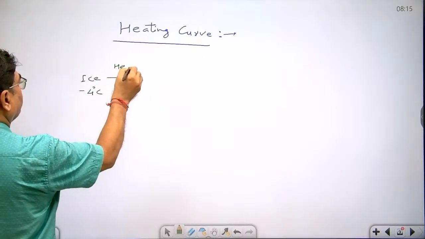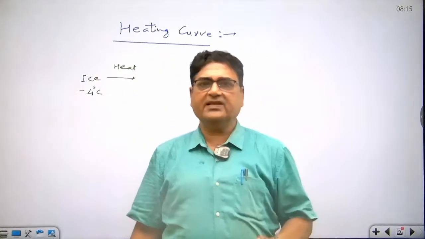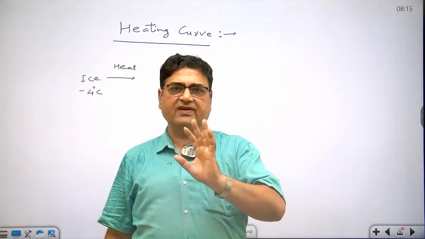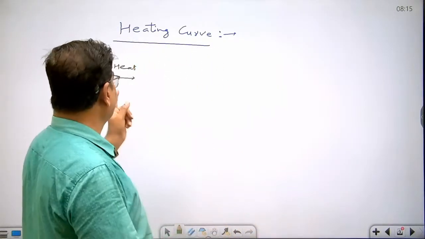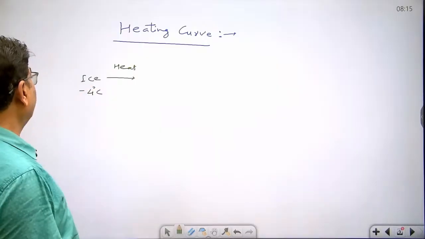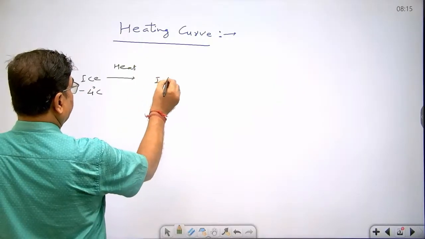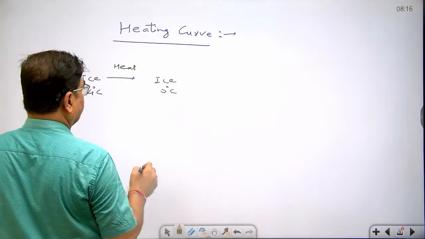Always remember, whenever a temperature change takes place in a numerical problem, you will use m s delta theta. Whenever a state change takes place, you will use m L. So when heat is supplied to ice at minus 4 degrees centigrade, this ice will attain its temperature of 0 degrees centigrade, that is its melting point.